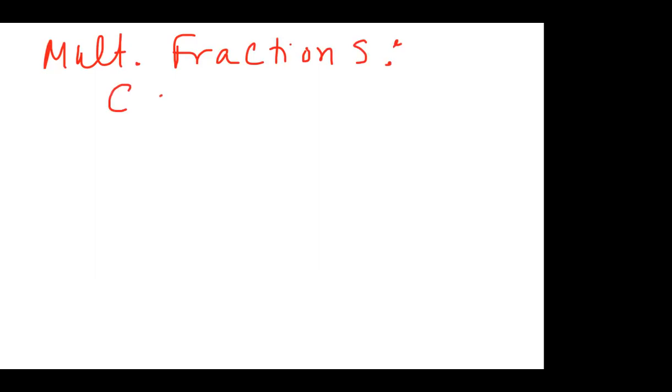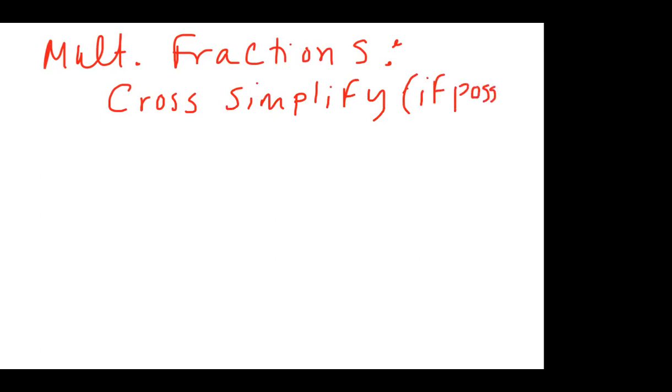So next we are going to multiply fractions. We're going to multiply fractions. Now, when it comes to multiplying fractions, guys, remember, it's best to cross simplify first, if possible. Cross simplify if it's possible. Sometimes it's not. Let me write this down. If possible, cross simplify.